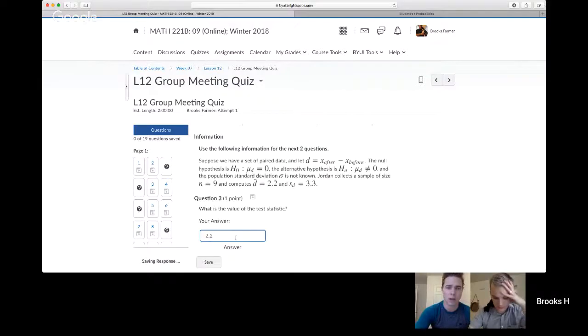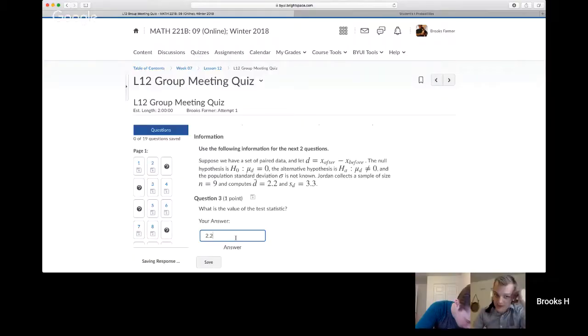So where are you at, Camden? Walk us through. I don't know if you guys have it in your notes or anything, but to compute the test statistic, t equals the mean of the difference minus the null, over the standard deviation of the difference over the square root of the sample size.